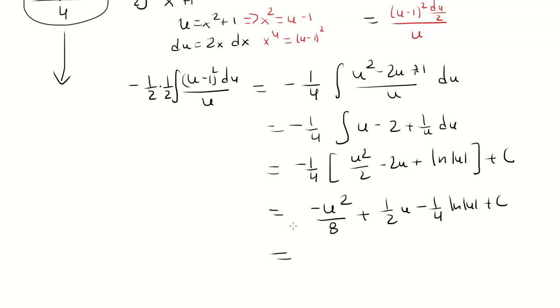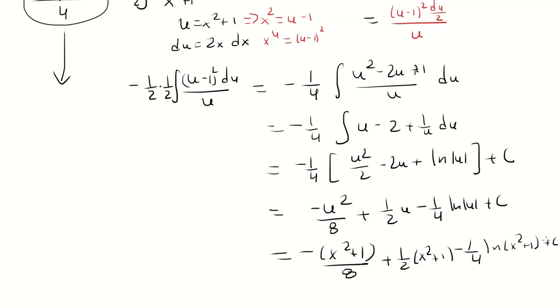And then we said u was x squared plus 1, so I'm going to replace that. And because x squared plus 1 is always positive, we're not going to use absolute value for that. And let's not forget the square here.